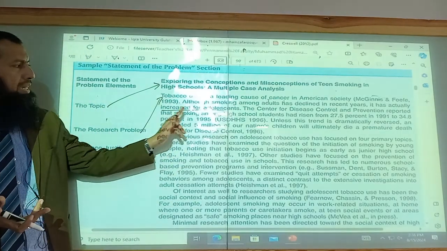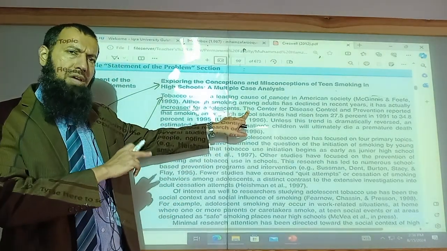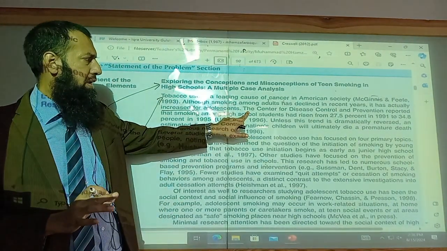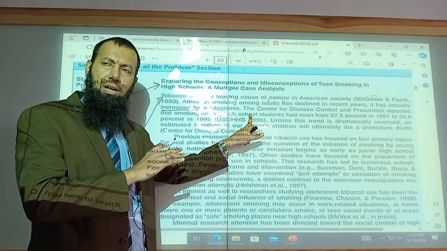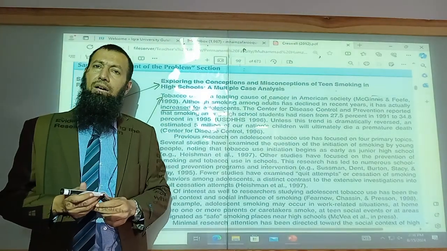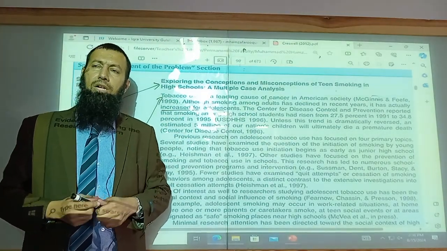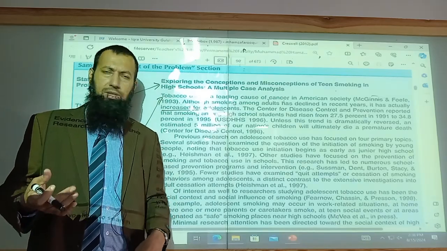But when we say it increased for adolescents, it's important. Over here you can cite as well if you want. No harm in that. Try to cite, especially in the problem statement, whenever you talk about the research problem. You can cite the latest research of 2023, 24, that is latest.